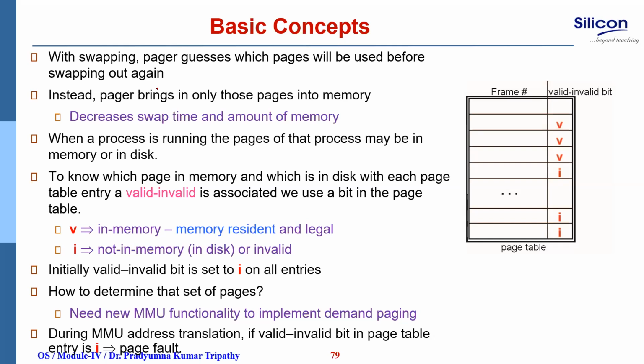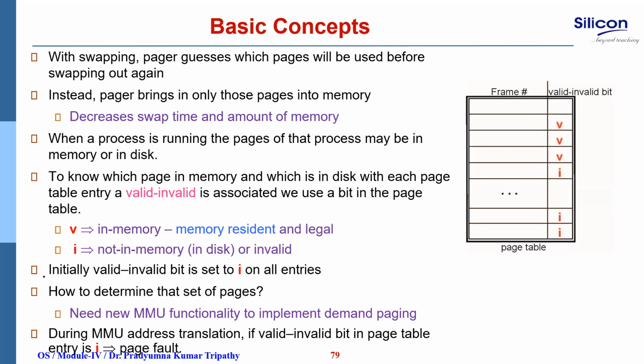If it is 1, it means valid; 0 means invalid. V means the page is in memory, memory resident and legal. I means it is not in memory, it is on the disk, and it is invalid. Is it understood? Whenever the page is brought in, it will be changed to V. Is that clear?